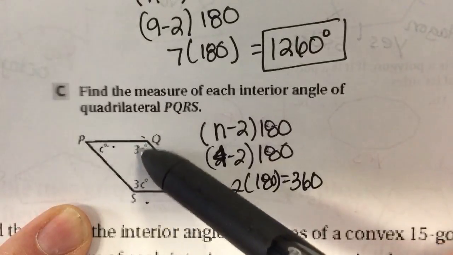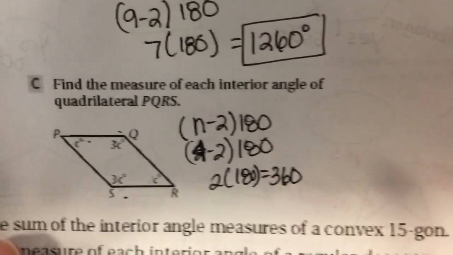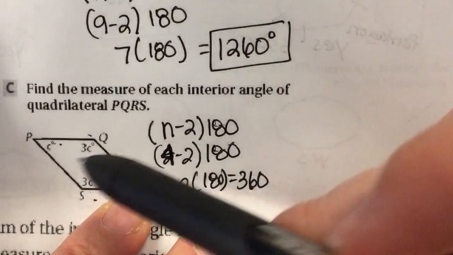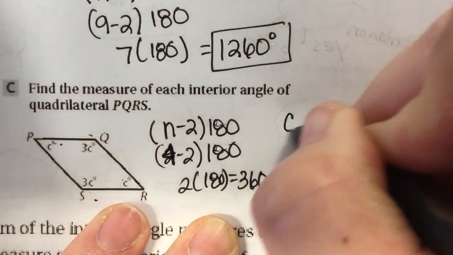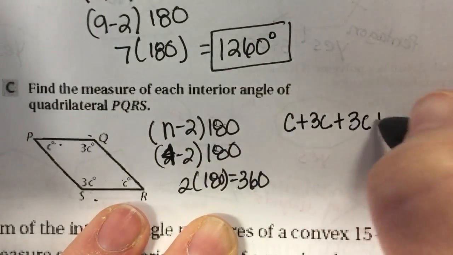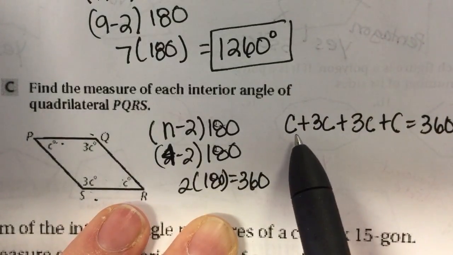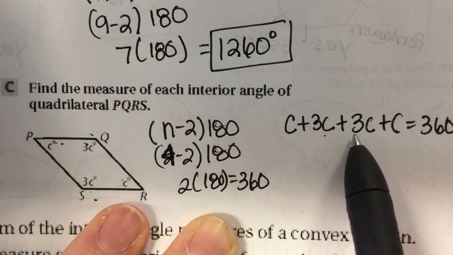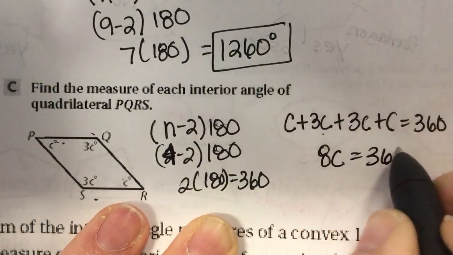But they want to know each one of these individual angles. So here's what we would do. We would add all the angles and they have to equal 360. So C plus 3C plus 3C plus C has to equal 360 degrees. So this would make 4, and 4 would be 8, so 8C equals 360.